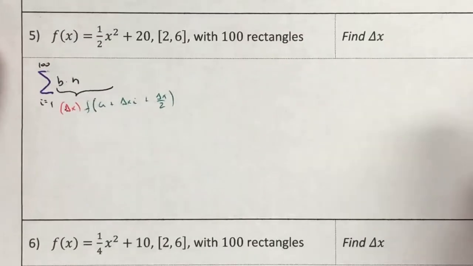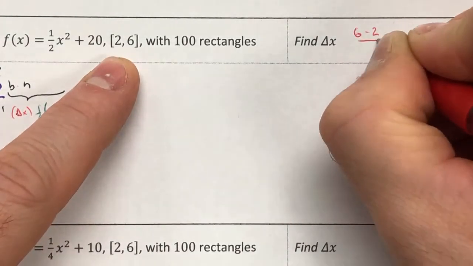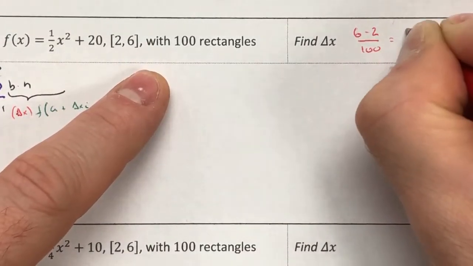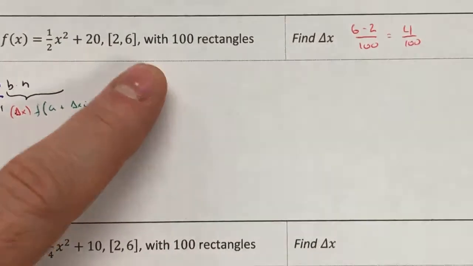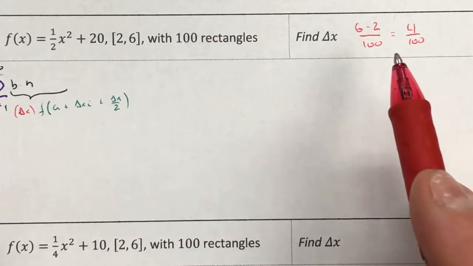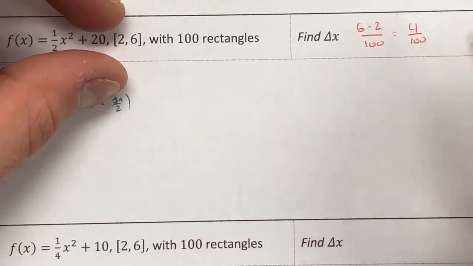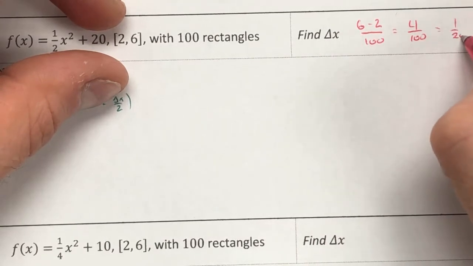In which case, I need to figure out what is delta x. So delta x is going to be 6 minus 2 divided by 100. So 4 over 100. So each rectangle has a width of 4/100ths. Makes sense because the total width is 4 divided by 100. If you want to reduce this down to 1/25th, you can.